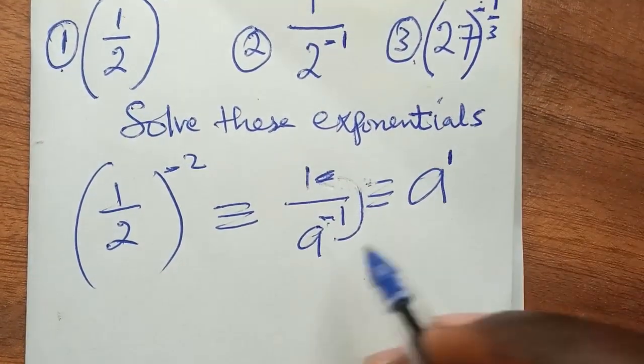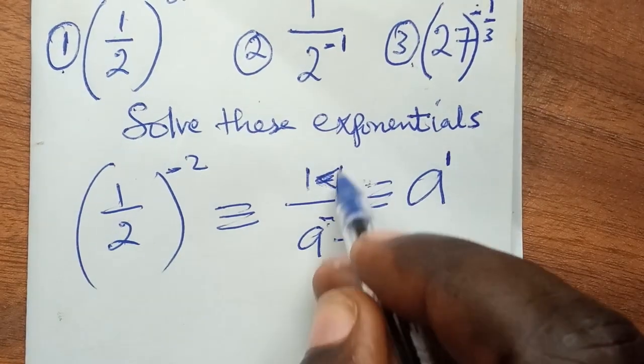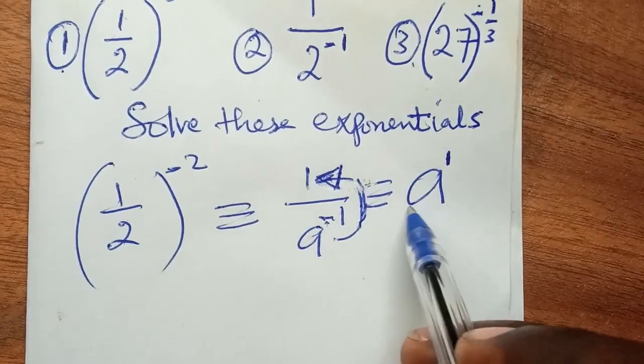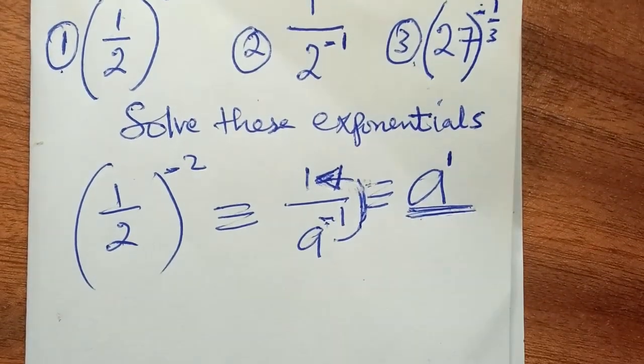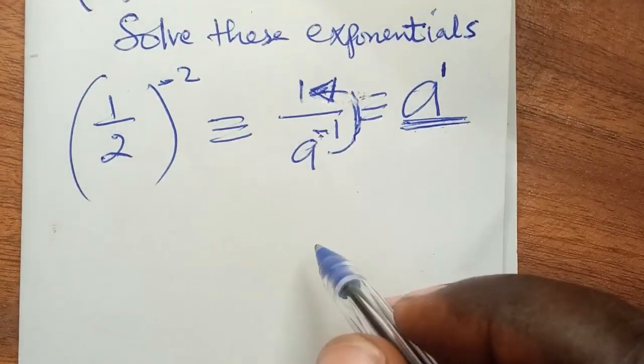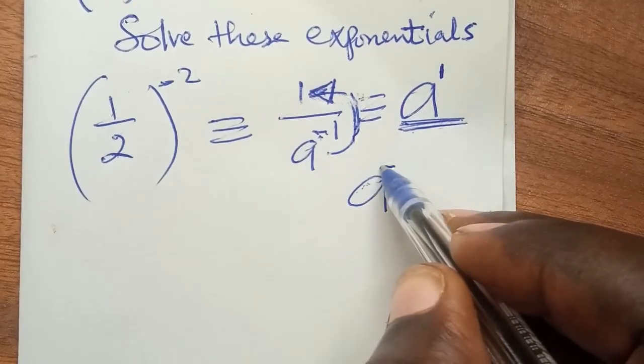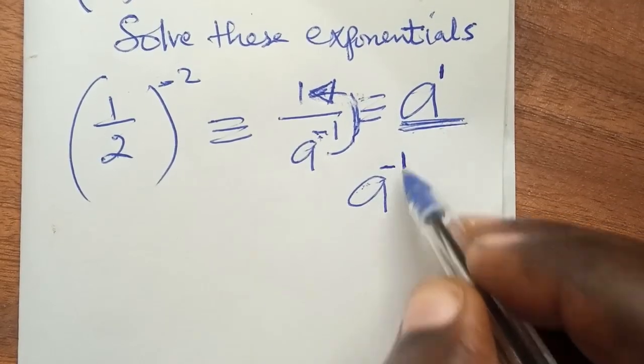It means that if we carry this up, the sign is going to change and it's just going to be a to the 1. But if we have it like this, maybe we have a to the minus 1, which is here.